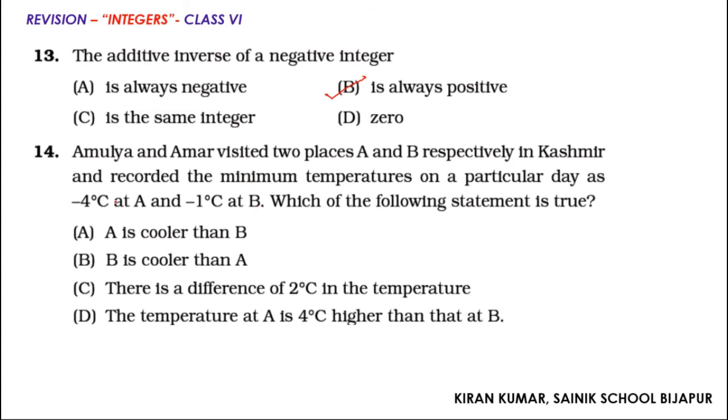If you look at these two temperatures, -4 degrees Celsius is much less compared to -1 degree Celsius.